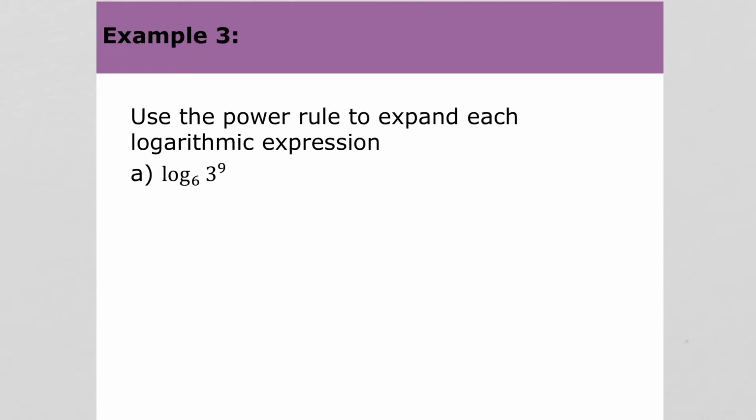So the example here, log base 6 of 3 to the 9th power, we can bring the 9 out front and say 9 times log base 6 of 3. And when we start solving equations, especially in the next section, you'll see why this is useful more.